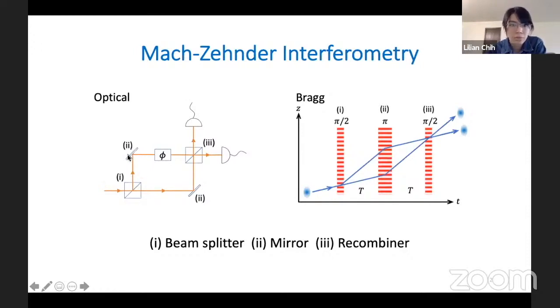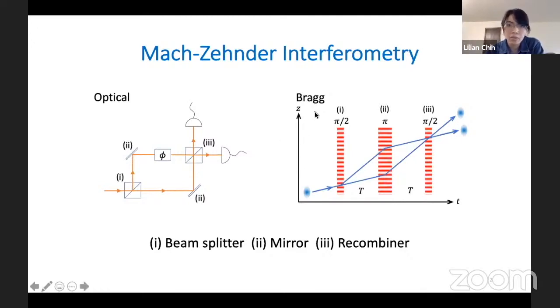And then there are two mirrors that reflect these paths, and finally a recombiner. After the lights are recombined, we can look at the interference pattern and infer what the phase difference between the two paths is. In the matter wave interferometer, light field is replaced by matter waves.